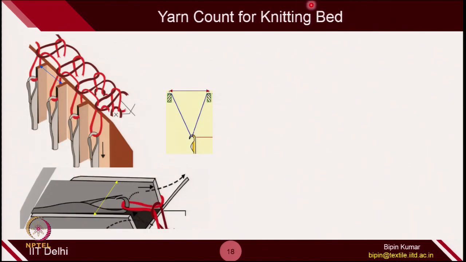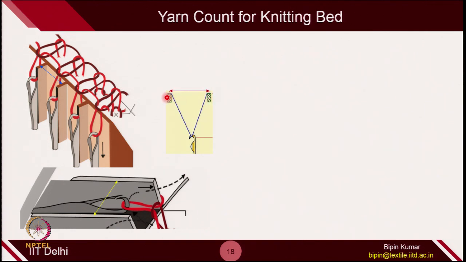If you see the yarn count for a knitting bed, in a knitting bed we have seen the tricks are there and the needle moves inside the trick by catching the yarn. So, you can see here the needle is moving inside the trick. The trick is created by the trick walls. So, between two trick walls the needle is moving. These are the trick walls. So, you can see this wedge.